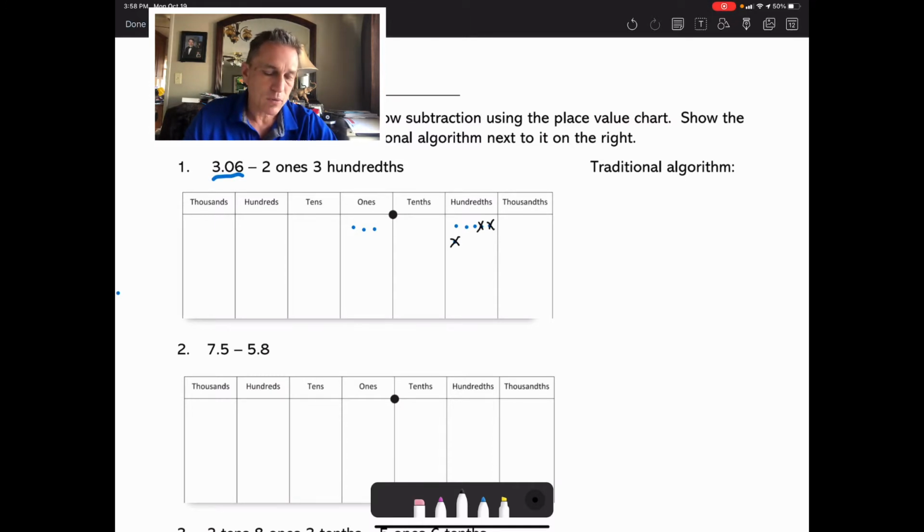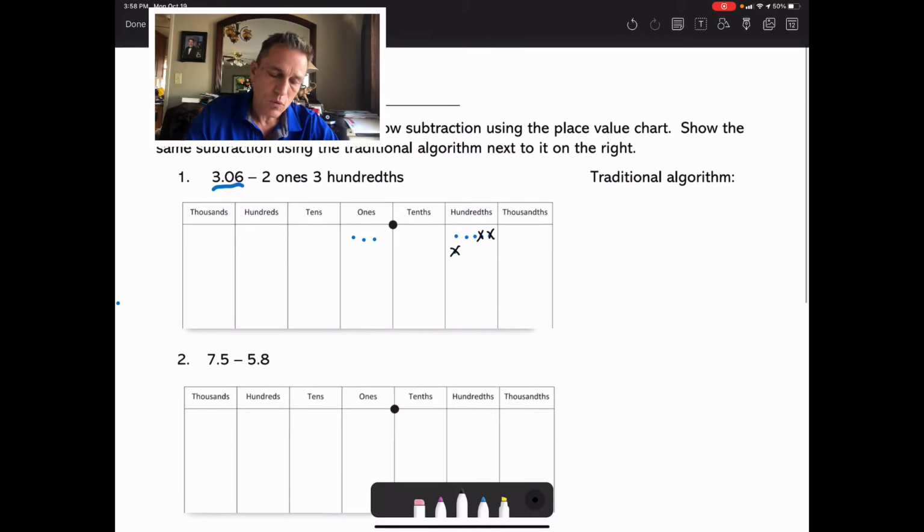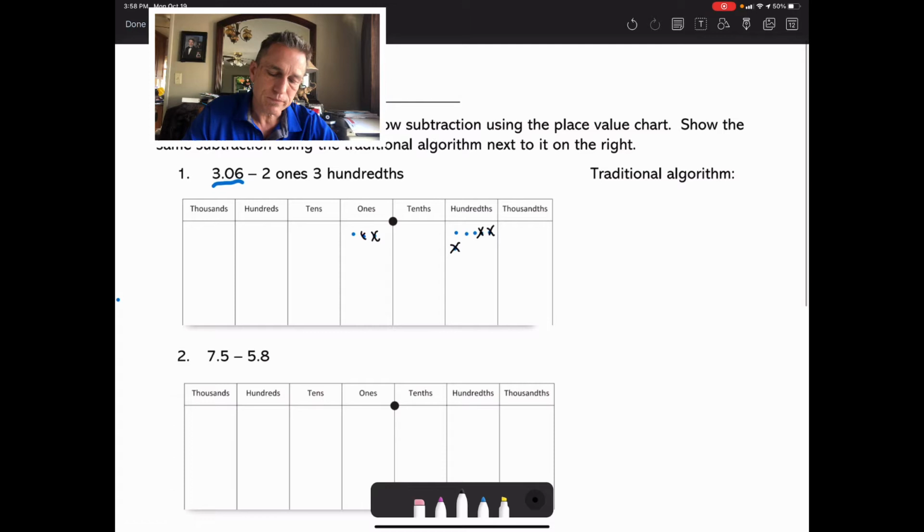And then I'm going to take away also 2 ones. So 1, 2. And then our difference is going to be simply what's left. So in this one I have 3 hundredths left. There are no tenths. And there is 1 one left.